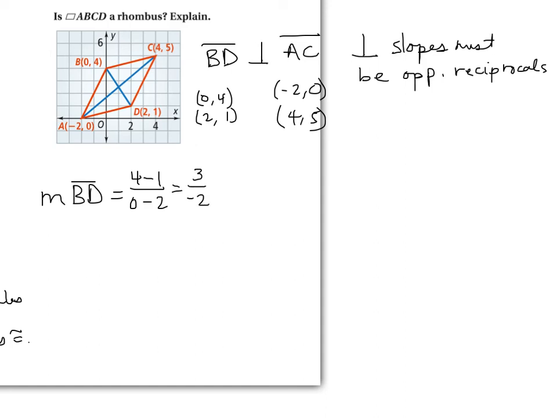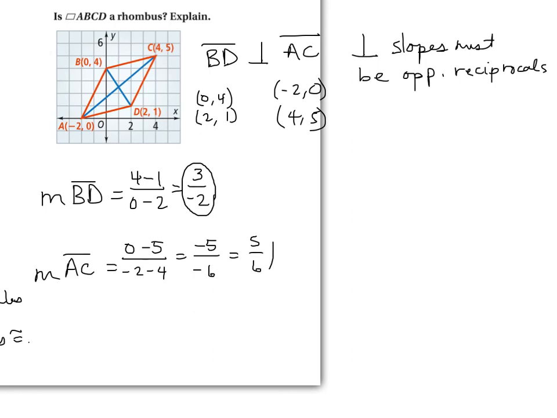So this is -3/2 slope. Now I need to find the slope of AC. So the slope of AC is 0 minus 5 over -2 minus 4, which gives me -5 over -6, which gives me 5/6.